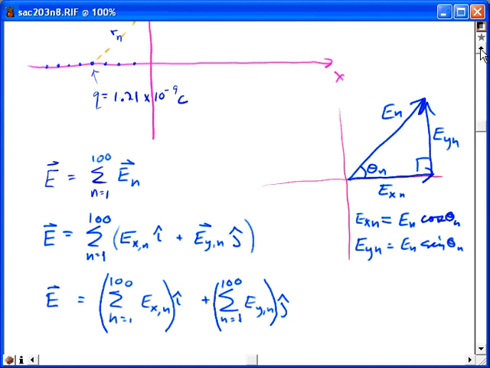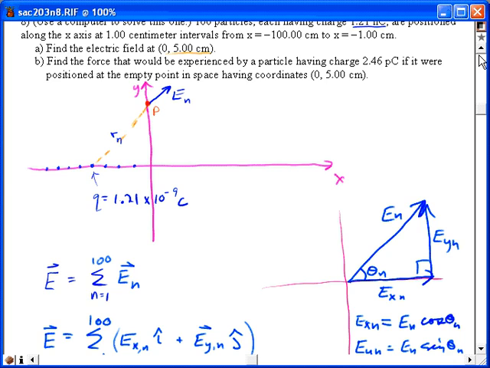Now this theta sub n, if I take it up to this diagram, it's this angle right here. That's theta sub n, but by inspection, that's the same thing as this one right here. Now this empty point in space, point P, is up a distance y, which is given as 5 centimeters.